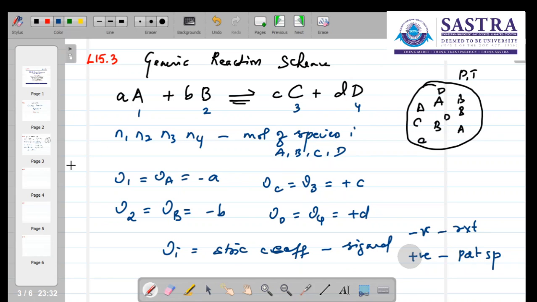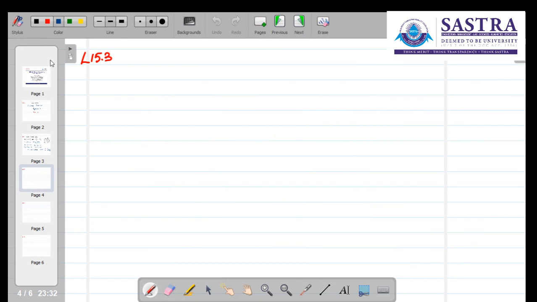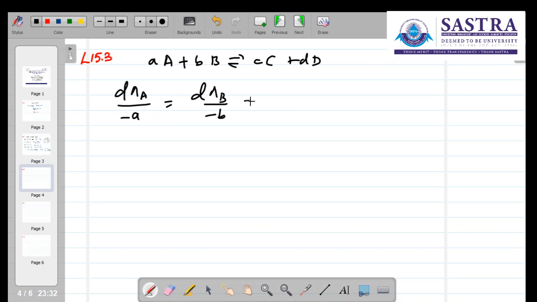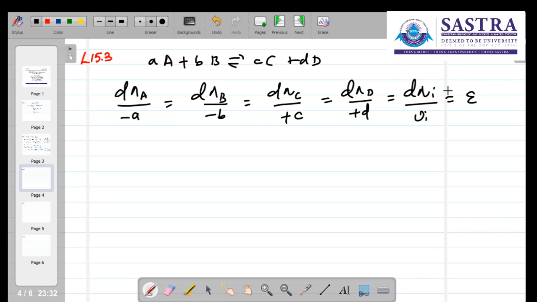This is what we have seen in the last lecture, just a quick recap. We have also seen by mole balance that when you have a reaction scheme like this, dNA by minus a will be equal to dNB by minus b, equal to dNC by plus c, equal to dND by plus d, which in general for any species is dNi by mu i equal to epsilon.